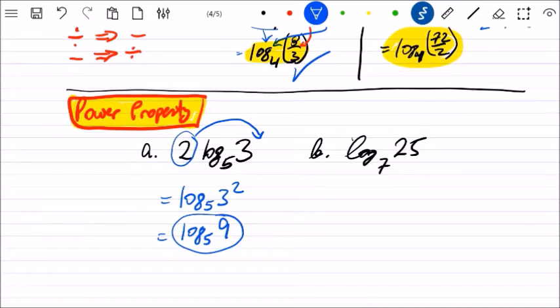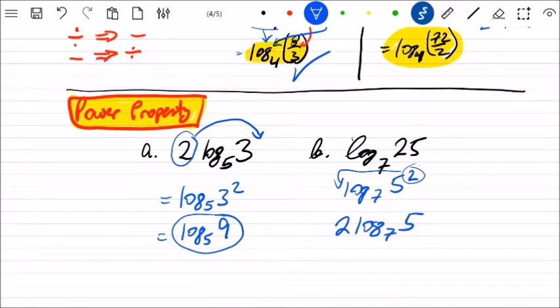Over here, we write this as log base 7 of 5 squared, and then that exponent is going to go in front, making it 2 log base 7 of 5. In other words, the exponent and the coefficient can be switched. That can be moved back and forth.